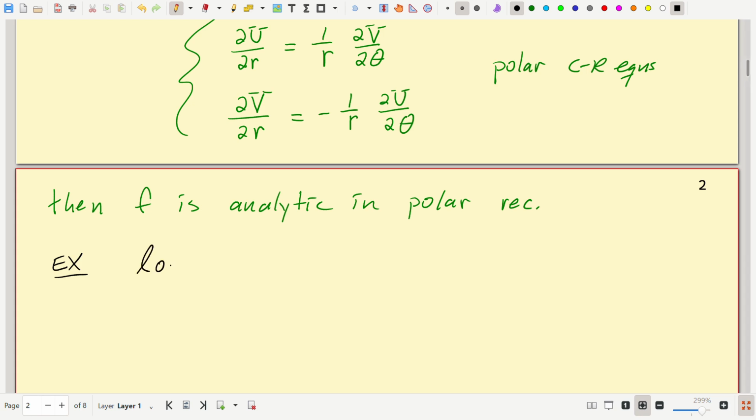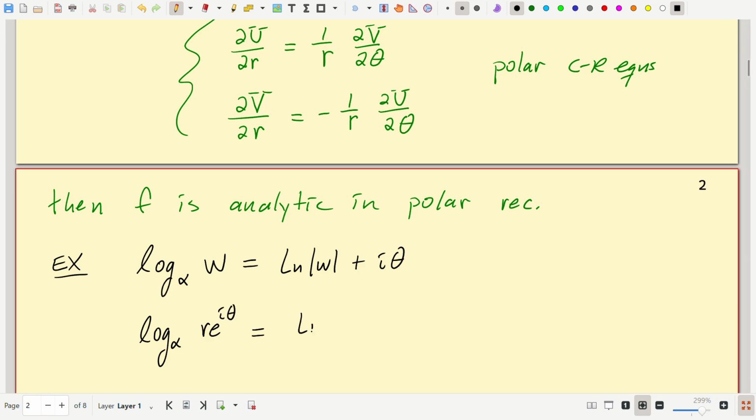Let's see, the log alpha of W is equal to, let's write it like this. This is what I've been writing. Or I could write log alpha of r e to the I theta equals natural log of r plus I theta.